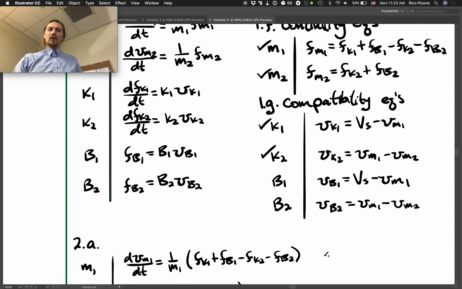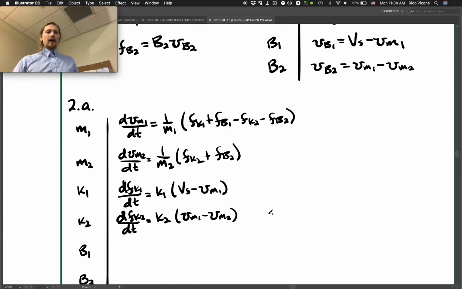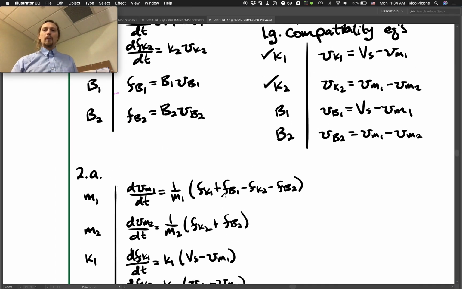So where were we? We were on K2. So VK2 is equal to VM1 minus VM2. And FB1 is equal to B1 times VB1, but we've got a compatibility equation for that.